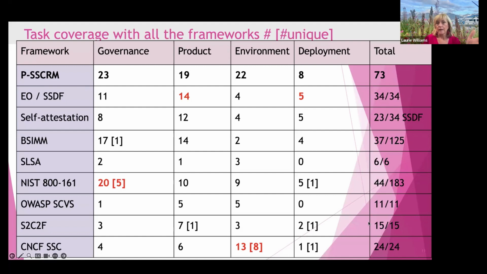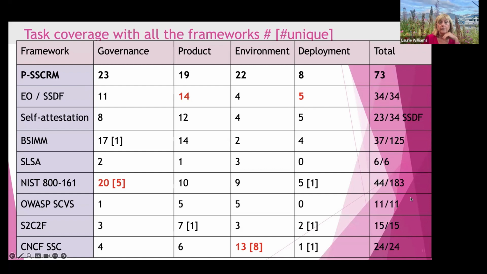Also, it divides up the tasks that were pulled into the different groups. The red shows, I would say, what is the most influential framework for that group. So, for example, for the governance group, NIST 800-161 was the most influential framework. For the product, the SSDF was the most influential framework.